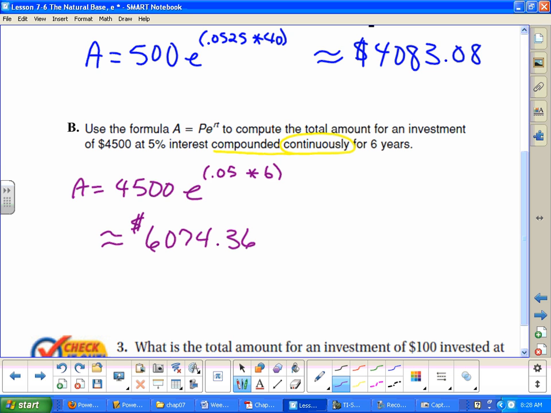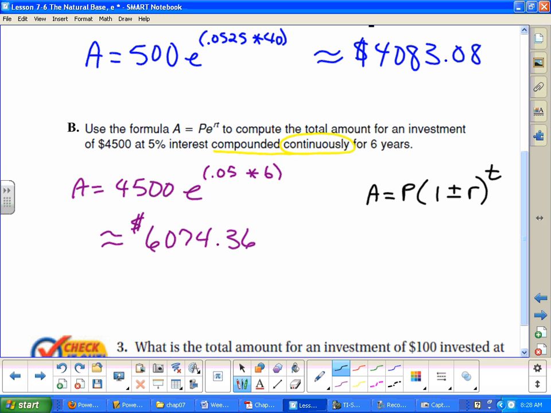So we've looked at three different ways of growth and decay. We had A equals P times 1 plus or minus r raised to the power of t. Okay.